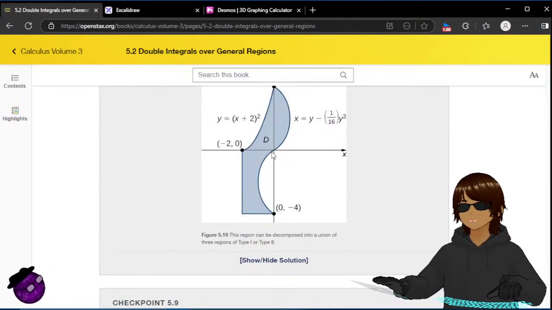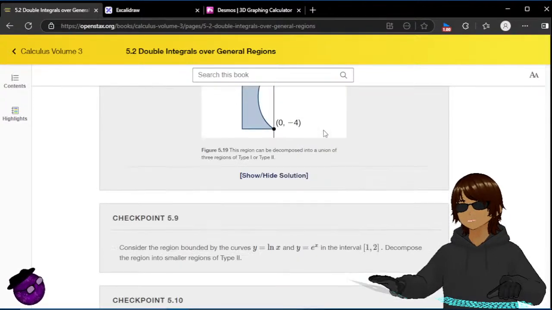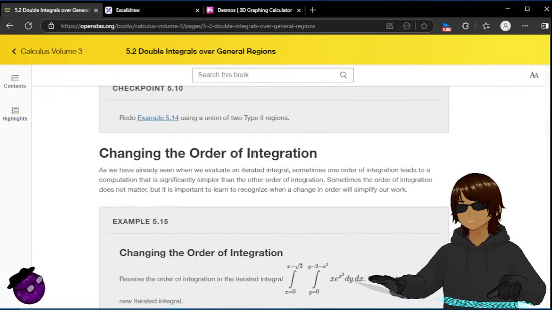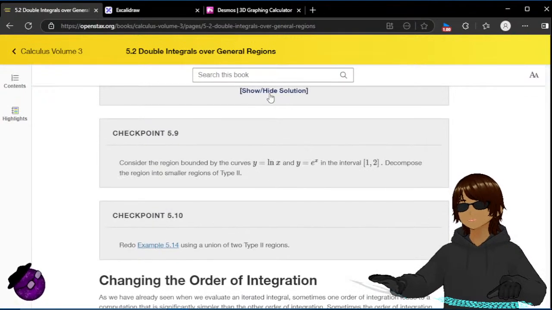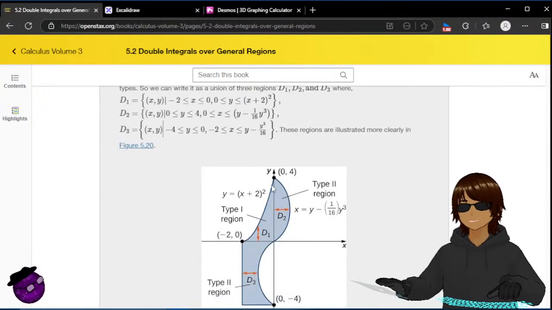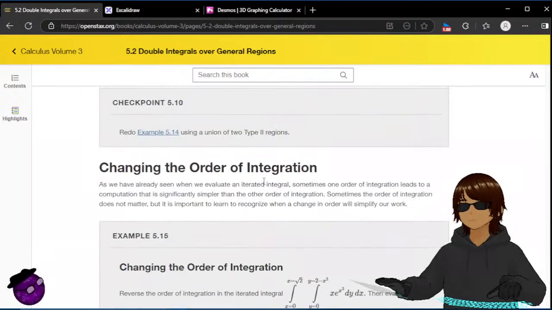So I'm guessing this quadrant is one region, this quadrant is one region, and this quadrant is another region. Let's see. I think I will do most of the exercise off stream.